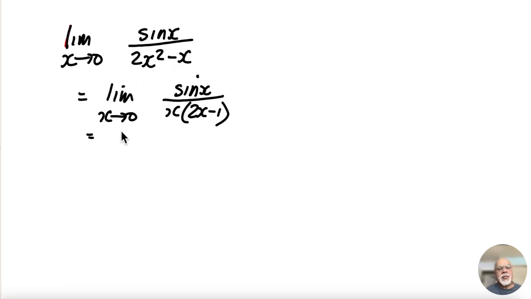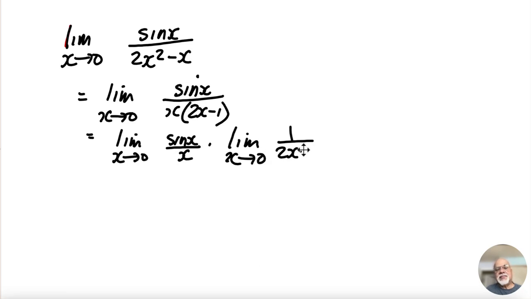And then using the properties of limits, split this into two limits. Namely, the limit as x goes to 0 of sine x over x times the limit as x goes to 0 of 1 over 2x minus 1. Because sine x over x times 2x minus 1 can be written down as the product of two functions.